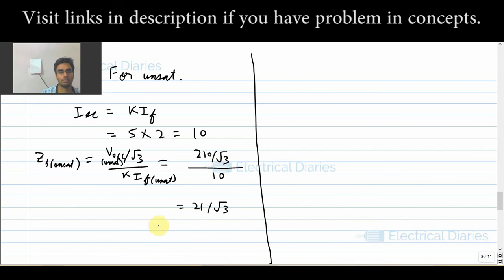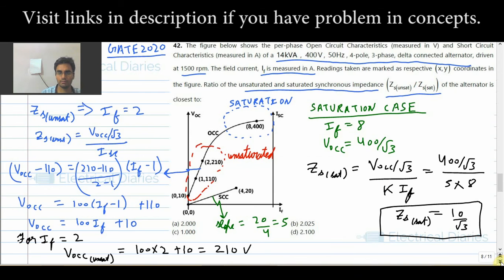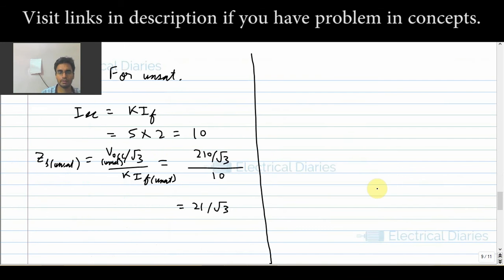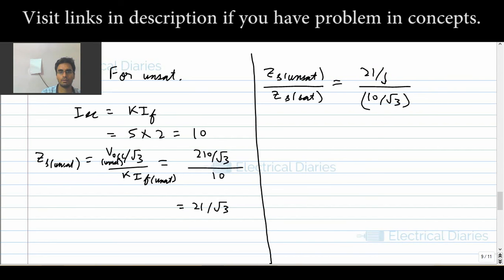Okay, so the ratio was between ZS unsat and ZS sat. So ZS unsaturated divided by ZS saturated will be equal to, ZS saturated is 10 by root 3 plus 21 by root 3.